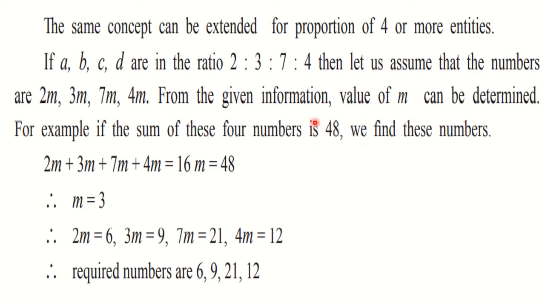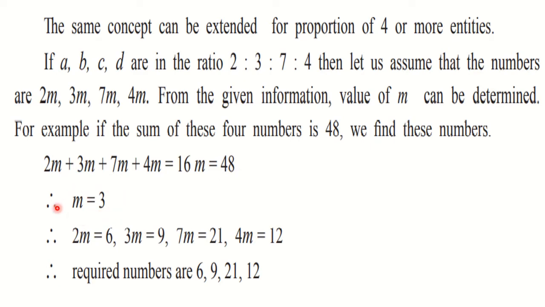That means if we add them, 2m plus 3m plus 7m plus 4m, we are going to get 16m equal to 48. And from that, the value of m is 3.